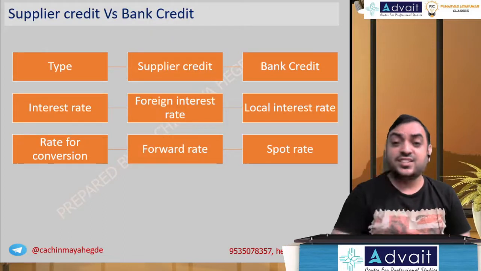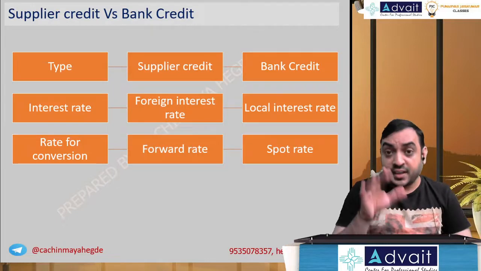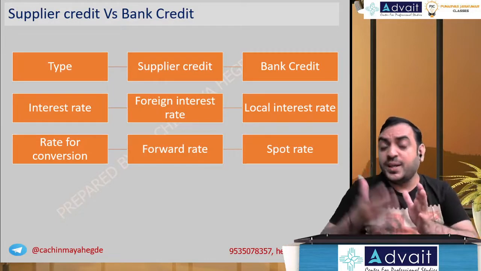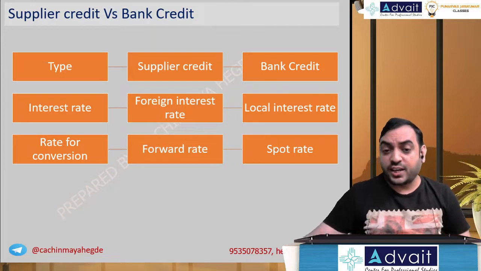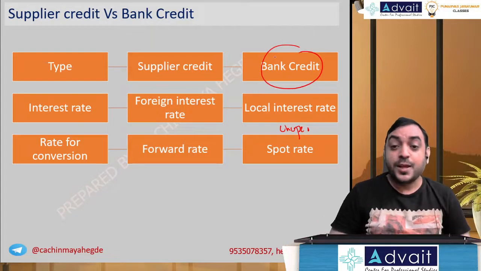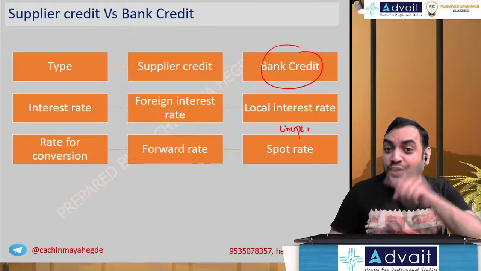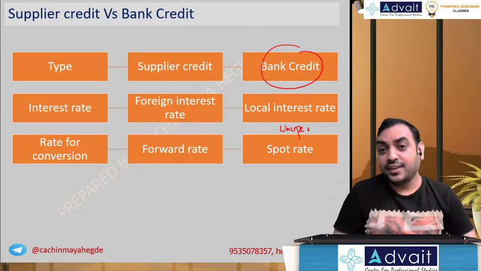Now, why is this discussion required? That too in the Indian context. In the Indian context, the rupee usually depreciates at least against the dollar. So the spot rate will be cheaper. If you look at that angle, bank credit is beneficial. But you compare interest rates, local interest and foreign interest. Rupee and dollar deposit, which is cheaper normally?